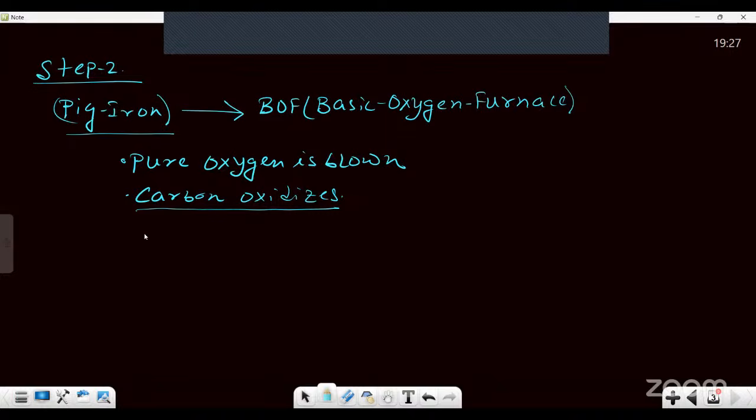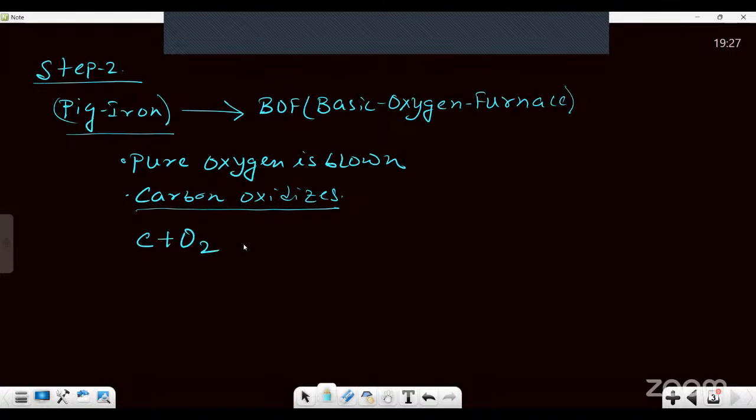Now in the steel making process, we need to oxidize this carbon, whatever carbon is in the melt or in the pig iron, because if we have that amount of carbon, then we cannot call it steel. So that will not be steel, right? So we need to remove the carbon. Whatever carbon has gone into the pig iron, now in the steel making process, we need to remove that carbon, right?